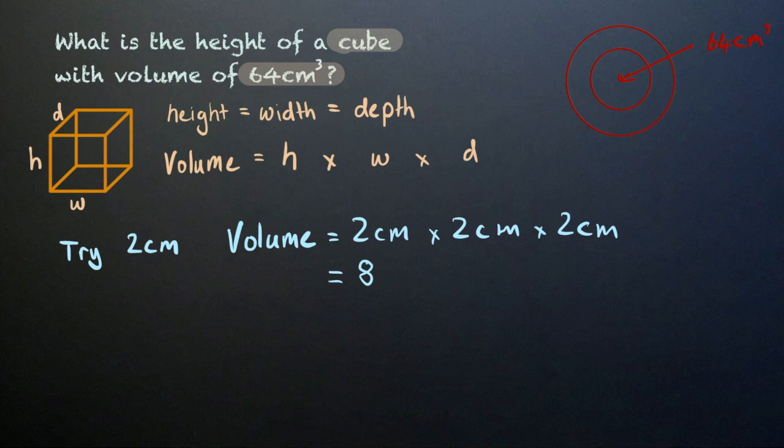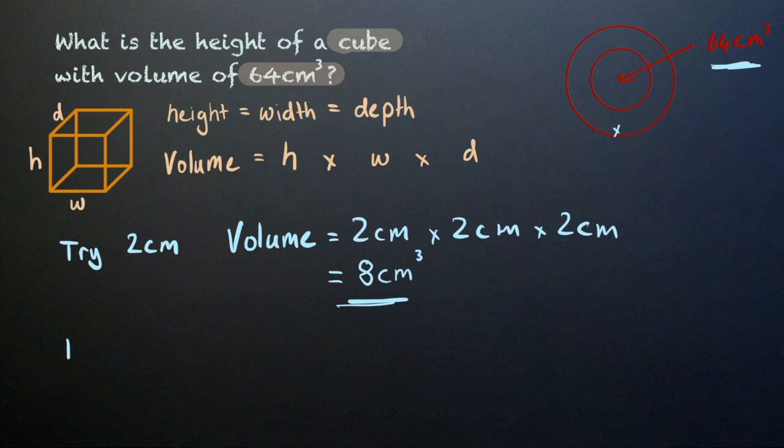And because we've got centimeters times centimeters times centimeters, we now have centimeters cubed. So that's 8 centimeters cubed. So our target was 64 centimeters cubed, and we've got 8 centimeters cubed. So we're too low, aren't we? We've kind of hit maybe down here. We're a bit low. We need to go a bit higher.